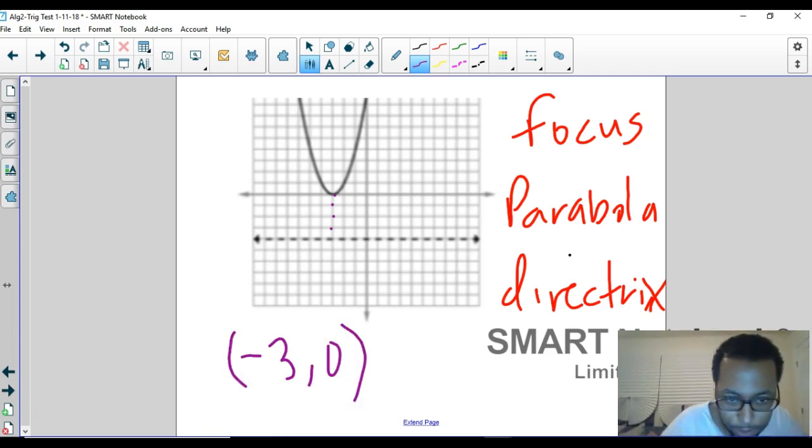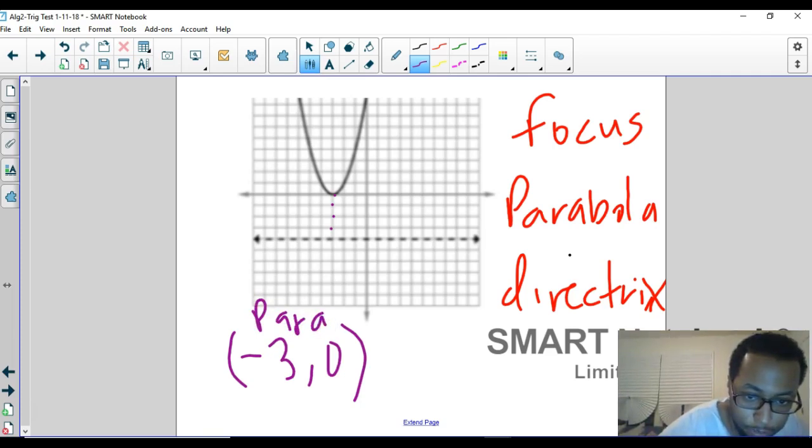Again, I went up 4 times. Our directrix is the line underneath. It's -1, -2, -3, -4. So our directrix is going to be y equals -4, because it's right here on the y-axis.